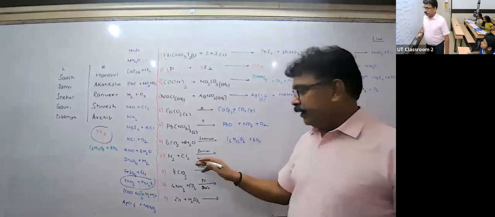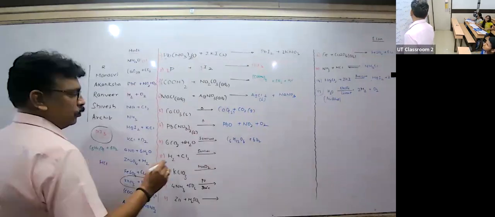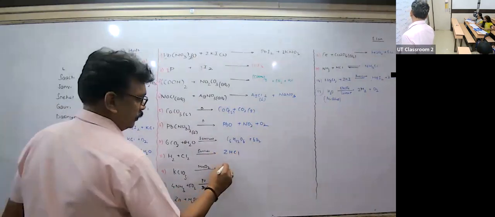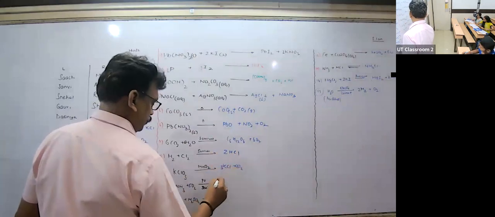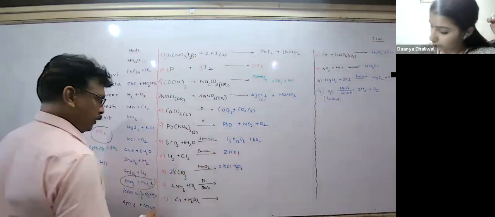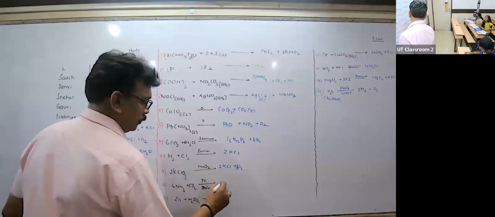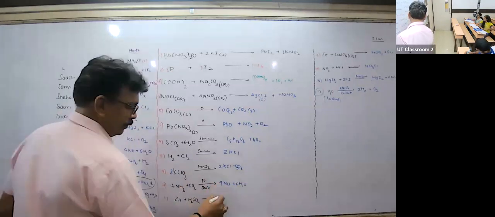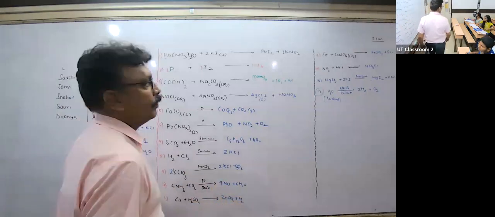Then H2 plus Cl2 is HCl. You haven't given this, have you? 2HCl. KClO3 becoming what? KCl and O2. Right? Yes. KCl plus O2. Yes. 4 ammonia plus, this one. Yes. Ahead, you people. Yes. All of you. Done.